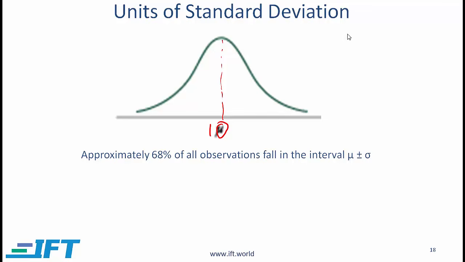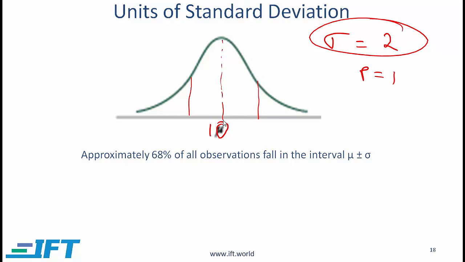And if I said that the standard deviation is equal to 2, then what we are saying is that if the total area under this curve or total probability is equal to 1, then 68% of the data will fall within 1 standard deviation of the mean. 1 standard deviation is equal to 2 in this particular distribution.